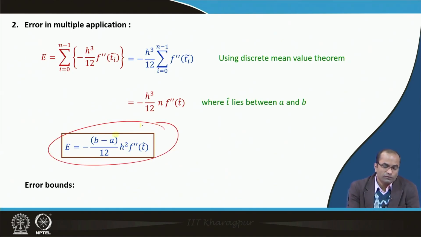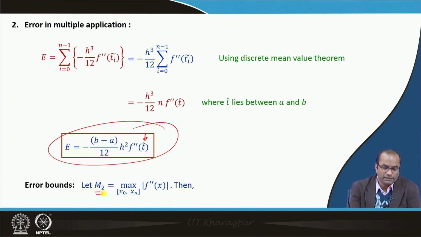Having this formula, we can get at least the upper bound, because this t hat is not exactly known, but we can find the maximum value of this double derivative, and then we can estimate the error in the given approximate value.